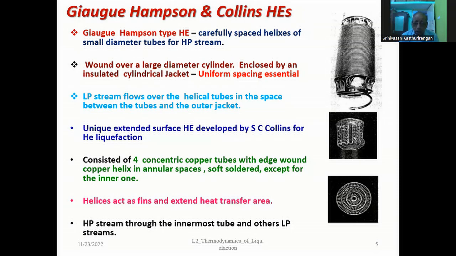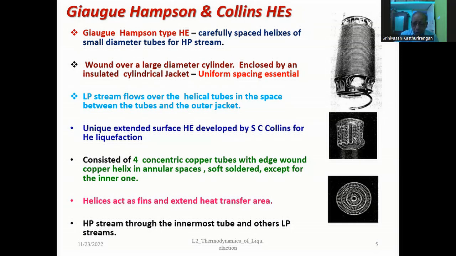Okay. Now, Samuel Collins developed a unique extended heat exchanger, which has a large surface area, and this was used by him in his commercial helium liquefaction plant. Now, this consisted of 4 concentric copper tubes with the edge wound copper helix in the annular spaces.